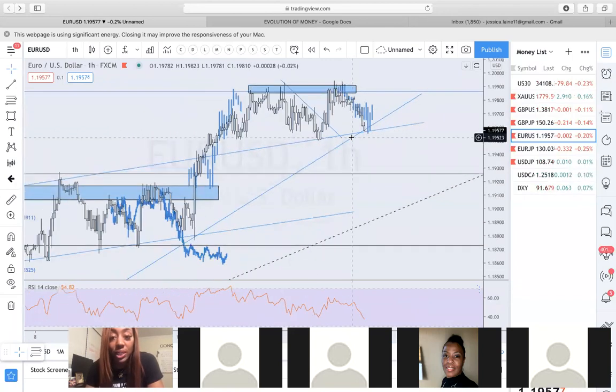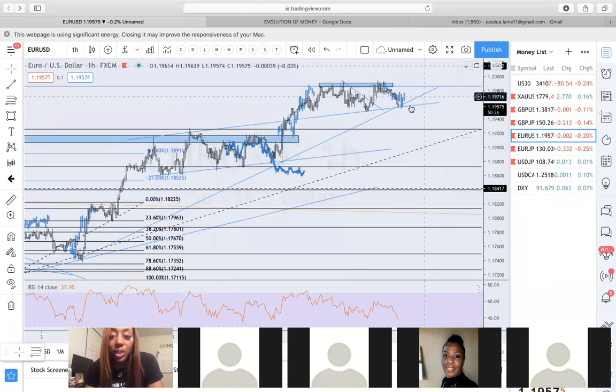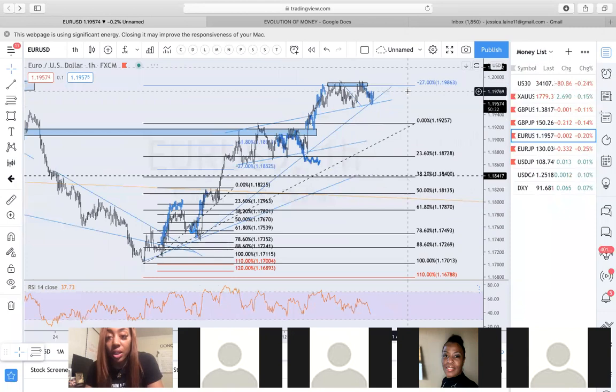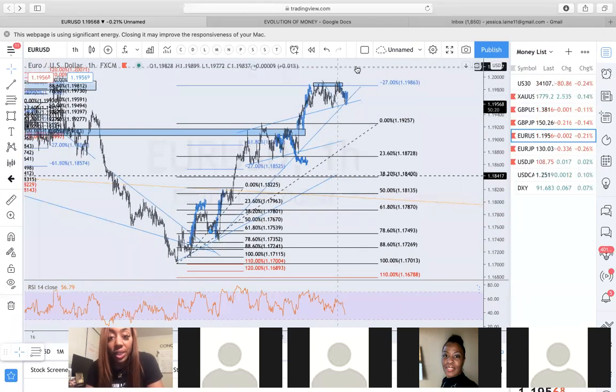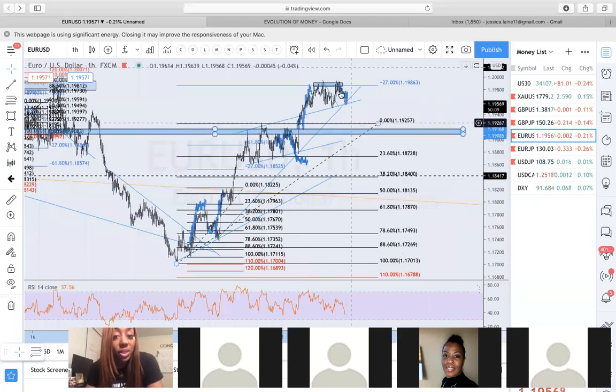Like they're both kind of sitting on trend lines here. So you will have to wait for a break and retest of this because remember the foundation level is right here. Okay. Y'all got it? But I am looking for a sell for Euro USD. Actually a sell to come here once this is broken and retested. Okay.